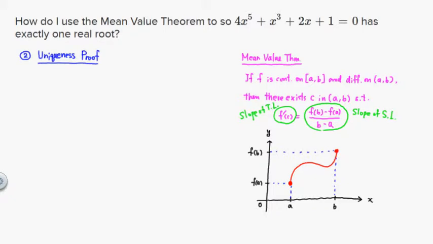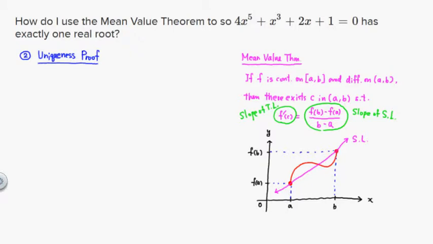So I'm going to draw a secant line here. Secant line is going to look like this. Oops, it's kind of curved. So this is our secant line, using these two points here and there.